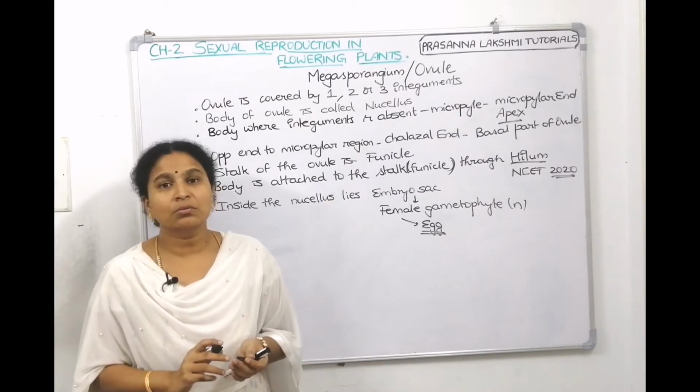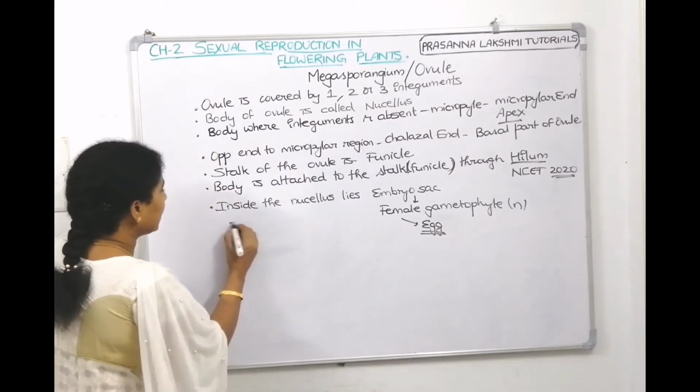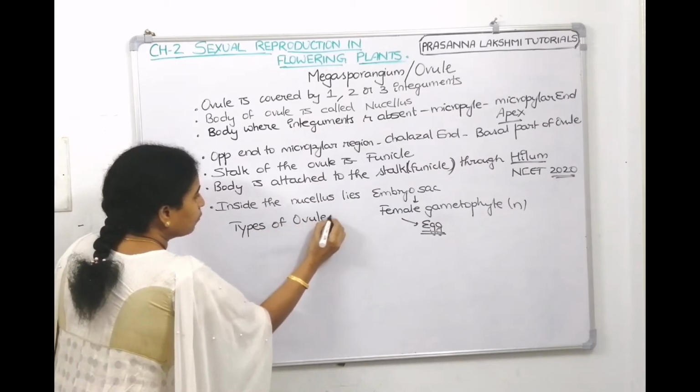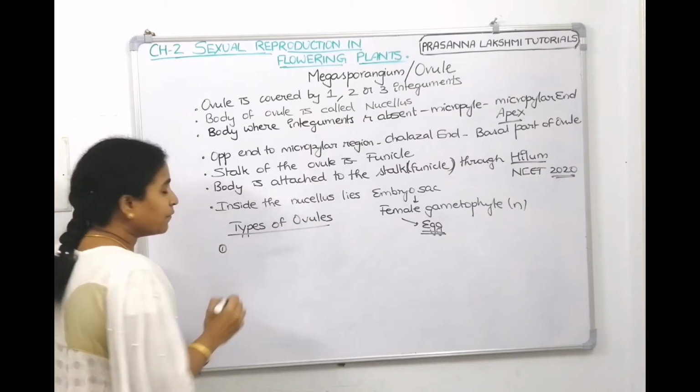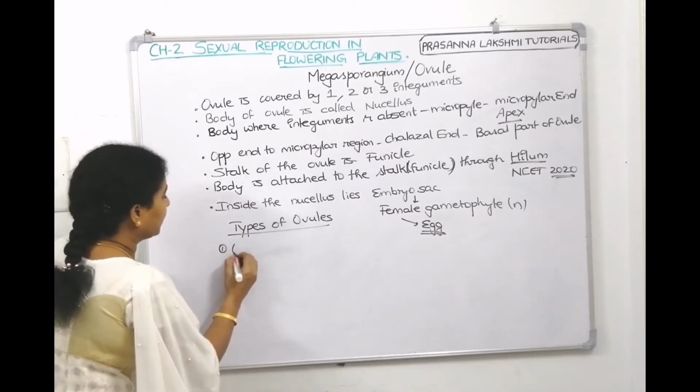Now, I told you that we can divide ovules into types. Types of ovules is our next concept. We can divide the ovules on the basis of the amount of nucellus they have.